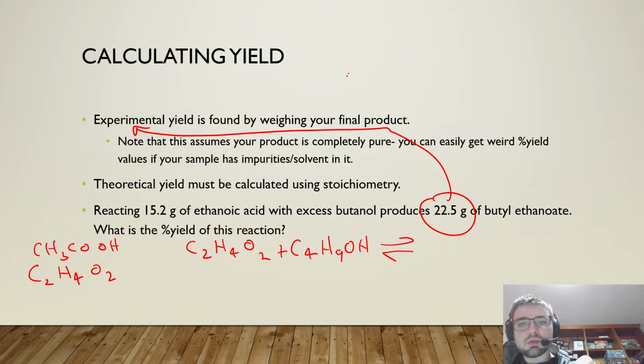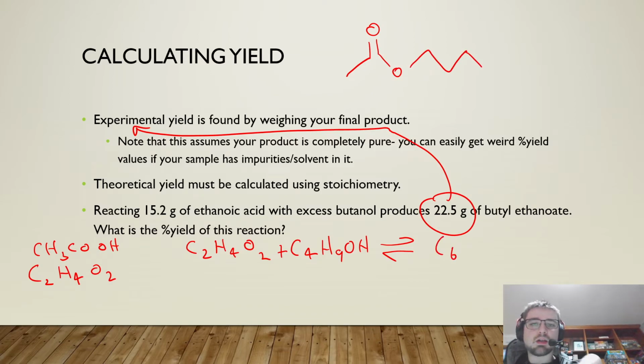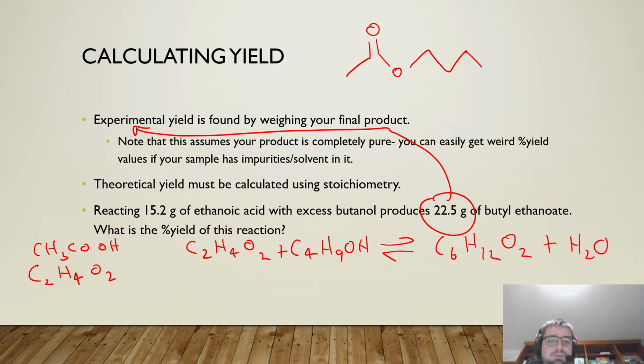Let's just draw that out really quickly. 1, 2, 3, 4. So we've got 6 carbons. Just for counting purposes, 6 carbons, and 12 hydrogens. Like that. And we're going to end up with some water there.